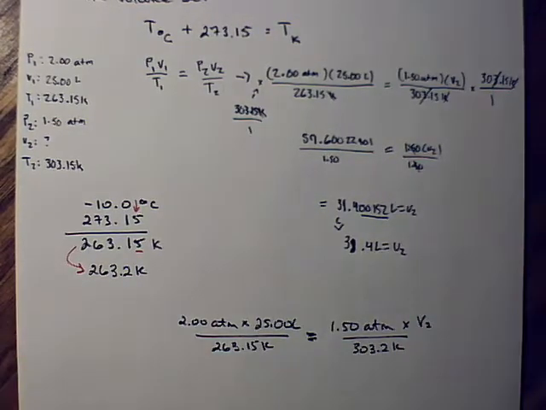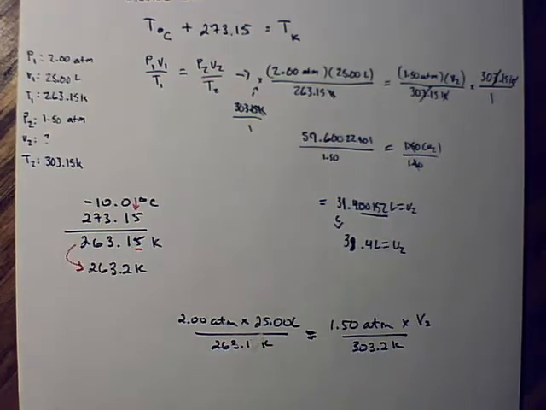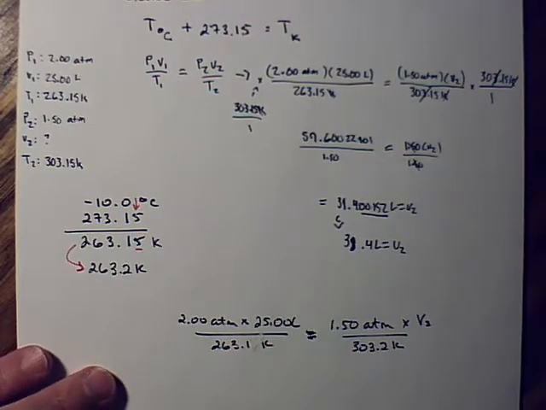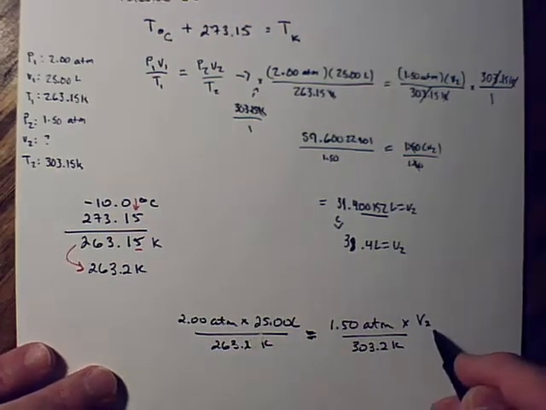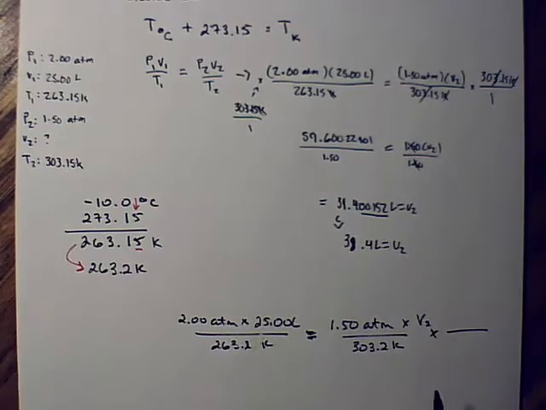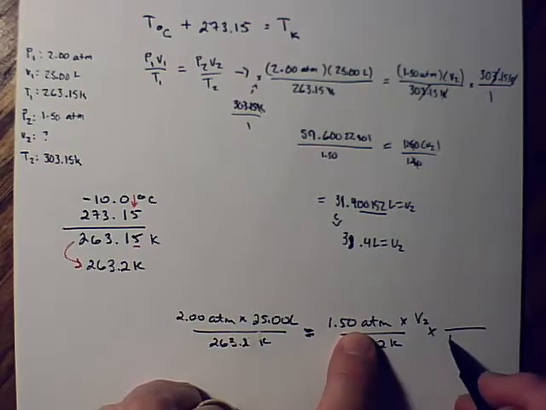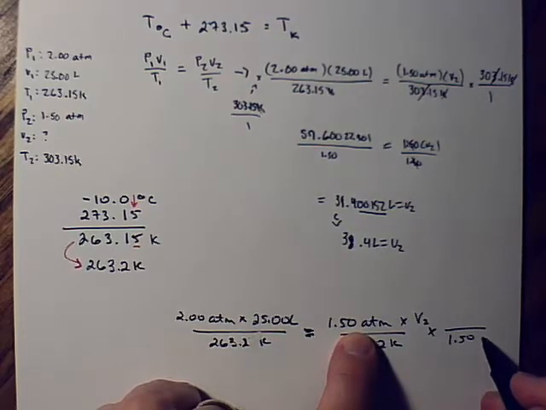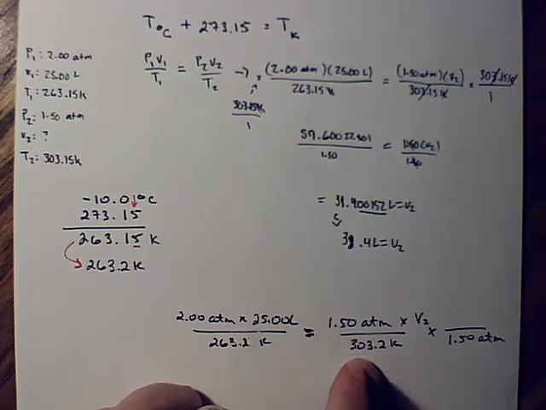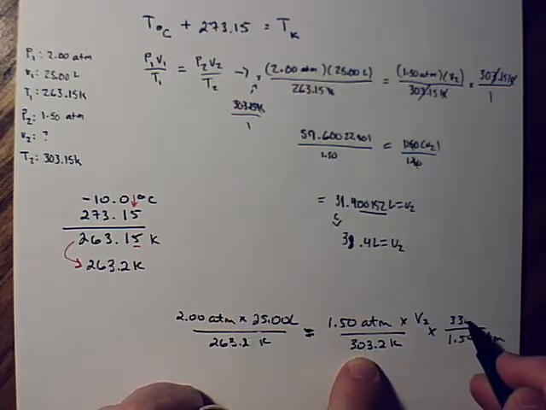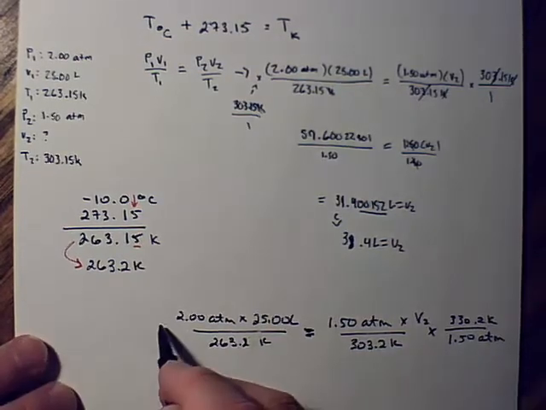As I talked about rounding off, let's go ahead and do that. And then you can just take both of these and put them at one time. 1.50 atmospheres can go on the bottom, and 303.2 K can go on the top.